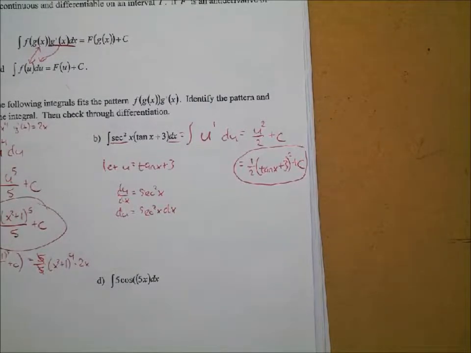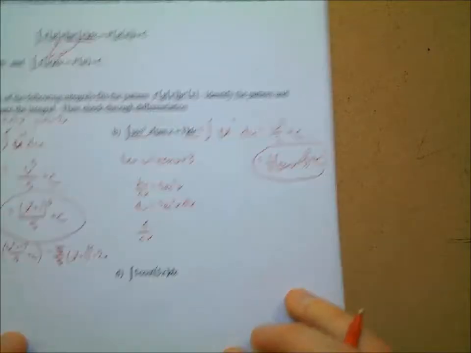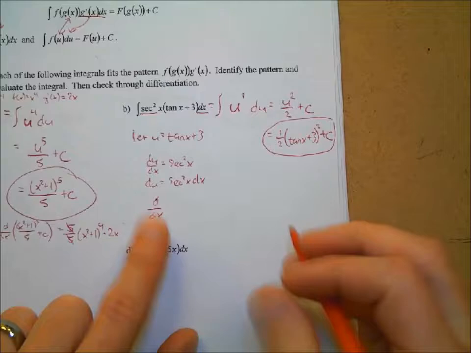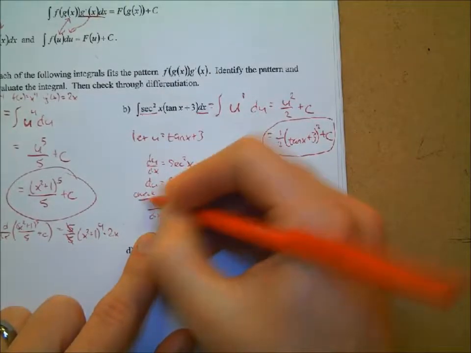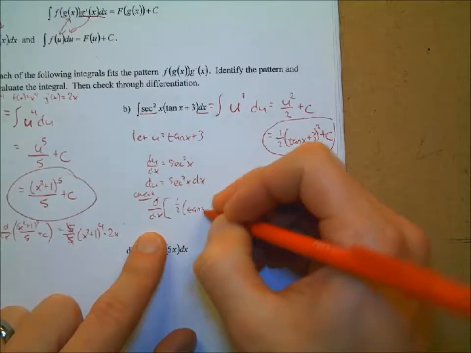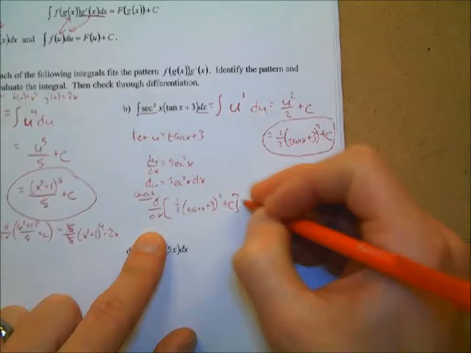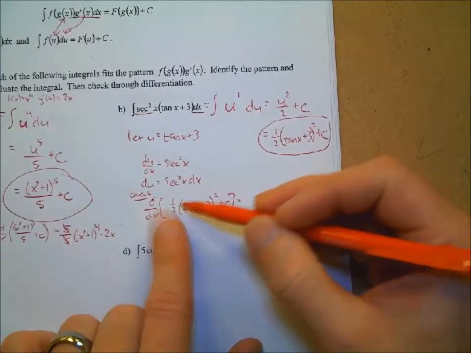Okay, and again, we can check ourselves just to see the derivative. I'll just do that right down here, the check. Derivative with respect to x of 1/2 tangent of x plus 3 quantity squared plus c equals, okay? So the 1/2, we can just leave as a coefficient.